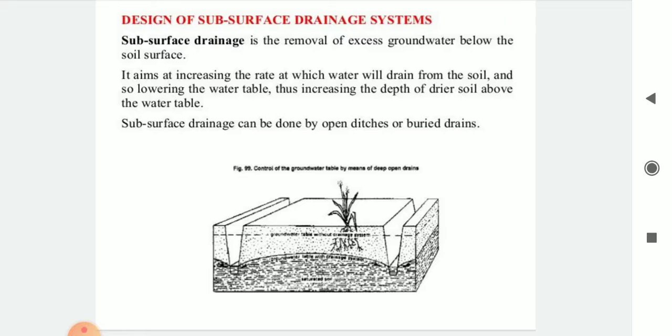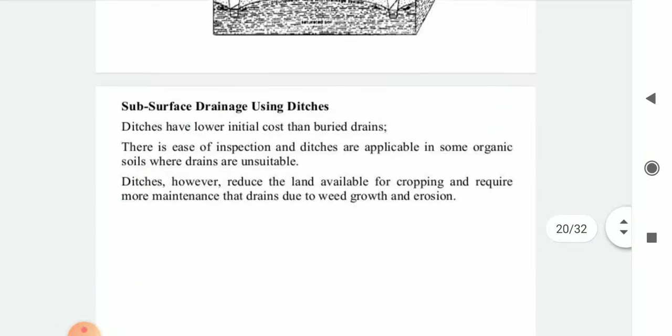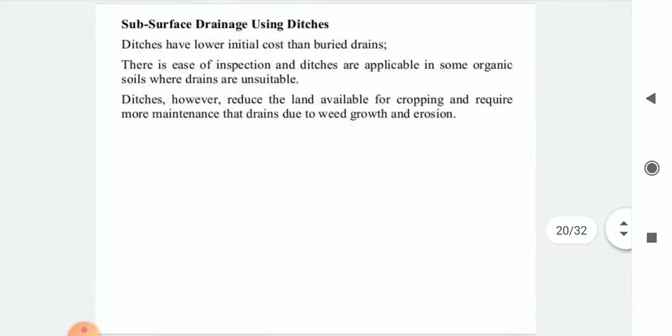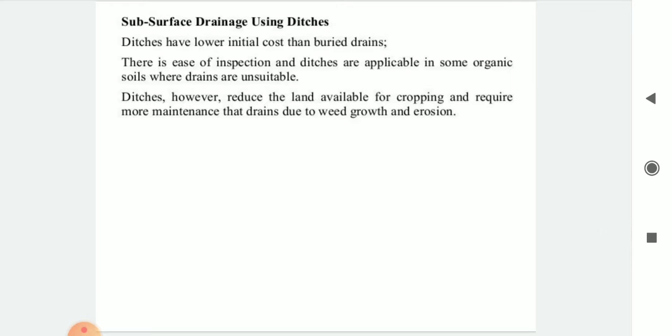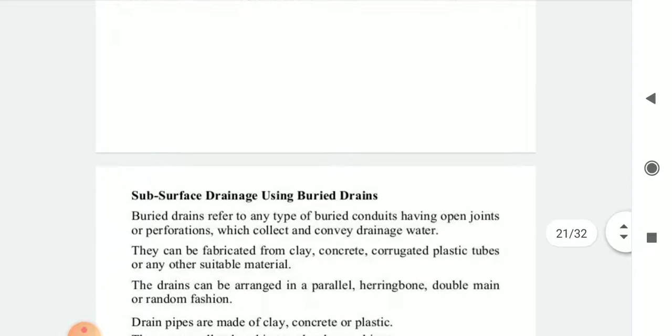You can see in the figure. Subsurface drainage using ditches: ditches have lower initial cost than buried drains. There is ease of inspection, and ditches are applicable in some organic soils where drains are unsuitable.